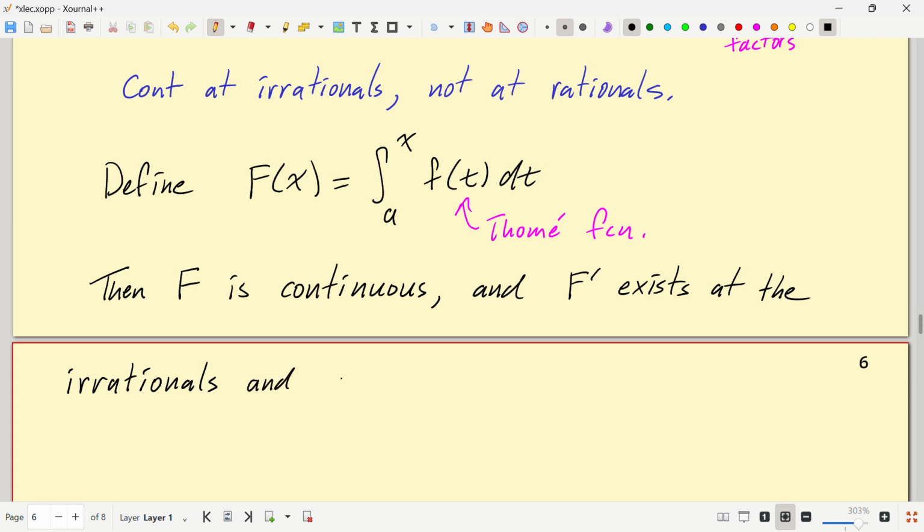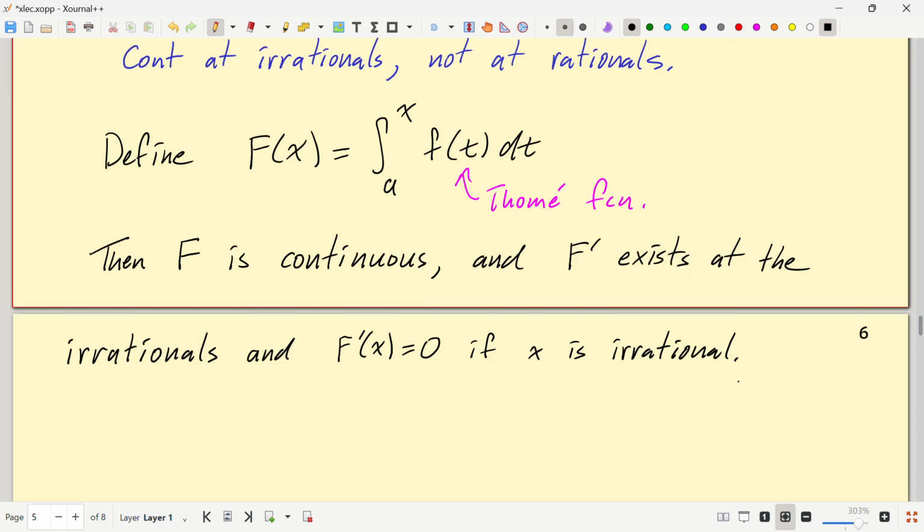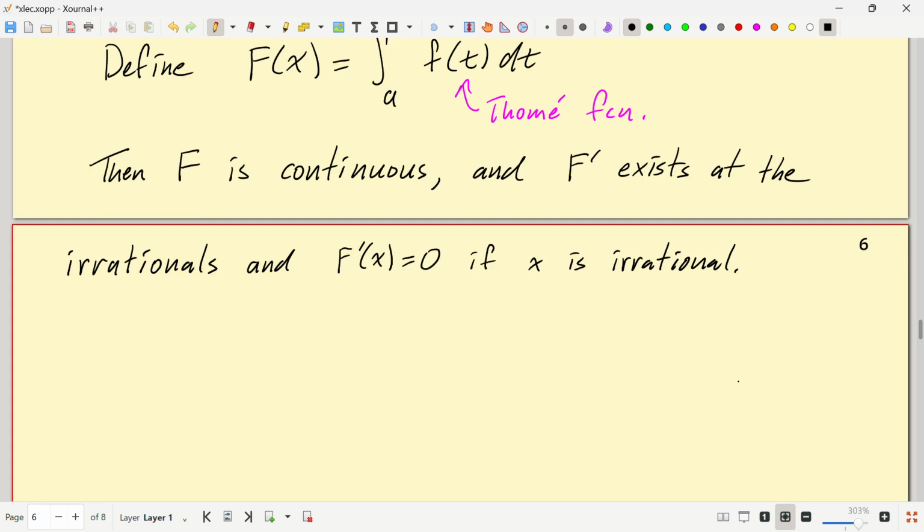I guess this is not an interesting function because this function is identically 0. F is continuous, F prime exists at the irrationals and is equal to 0. And F prime doesn't exist at the rationals.